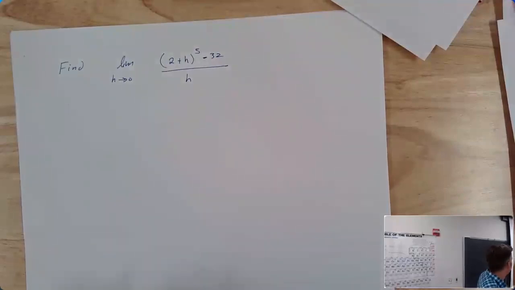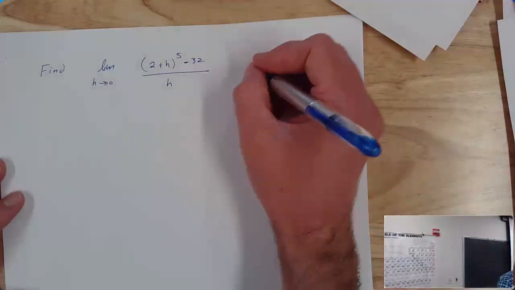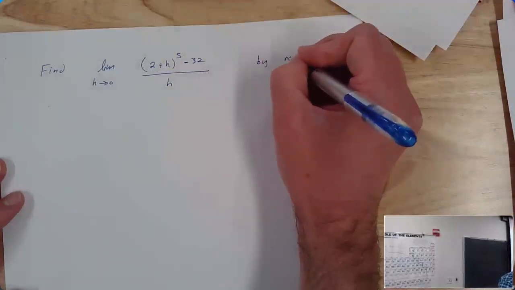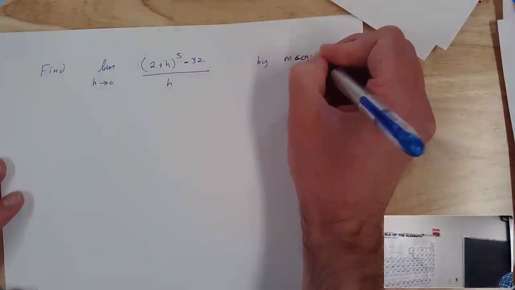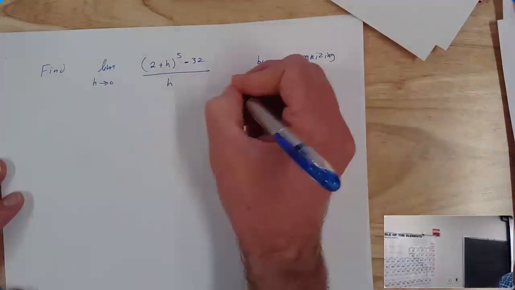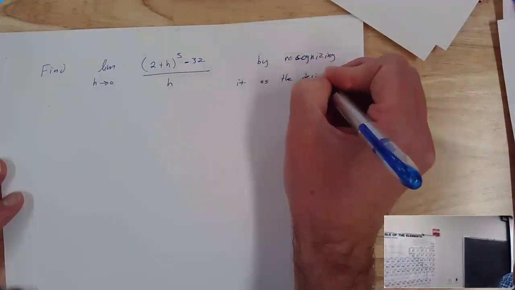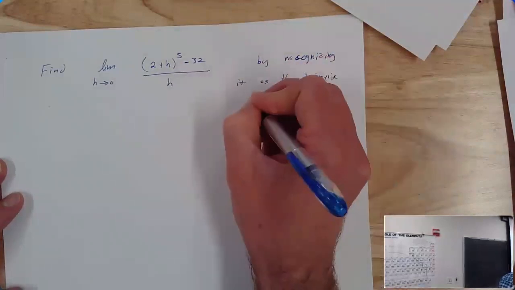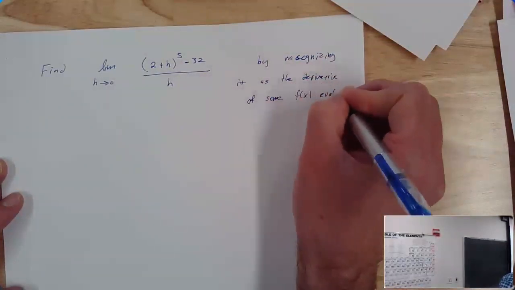I really don't want to multiply out 2 plus h to the fifth. And the thing is here, really what they want you to do is to find this limit by recognizing it as the derivative of some function evaluated at some point.